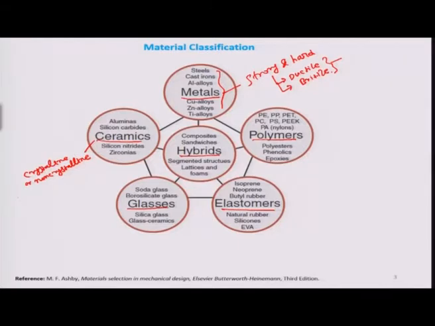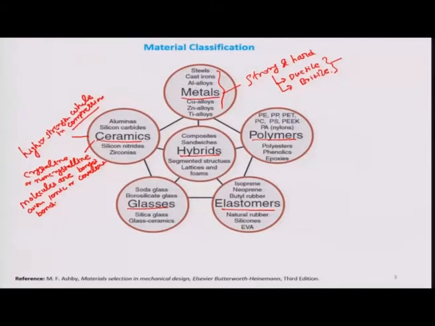Here molecules are bonded with ionic or covalent bonds. Ceramics possess very high strength in compression.